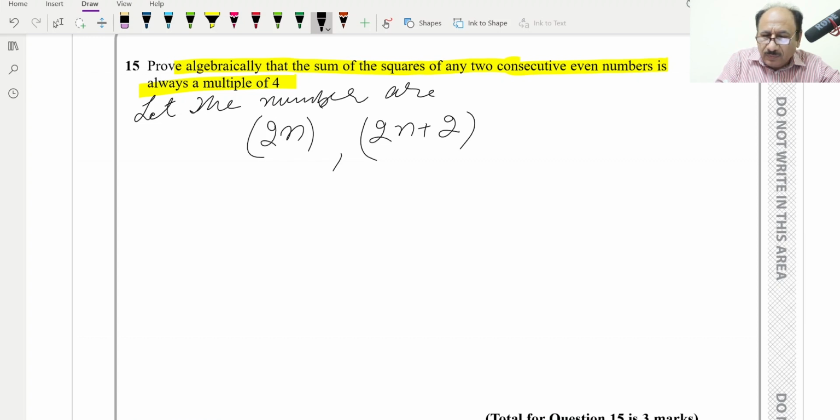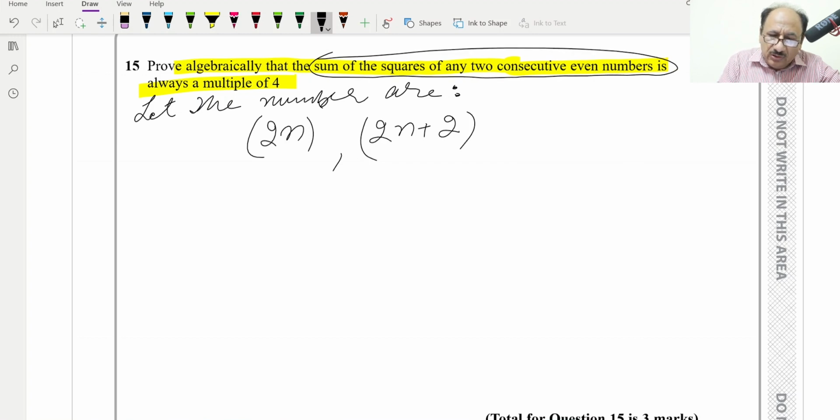are these. And then, according to the condition of the question, the sum of squares of two consecutive even numbers is (2n) squared plus (2n plus 2) squared.